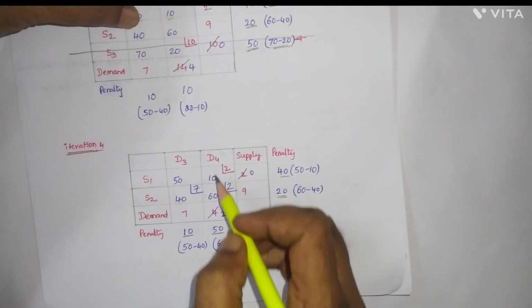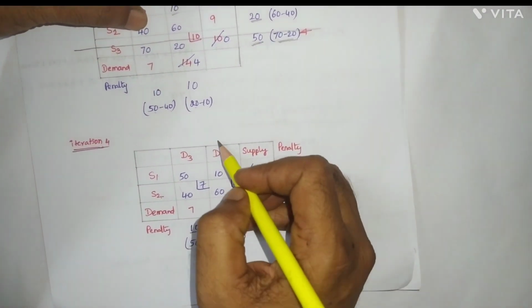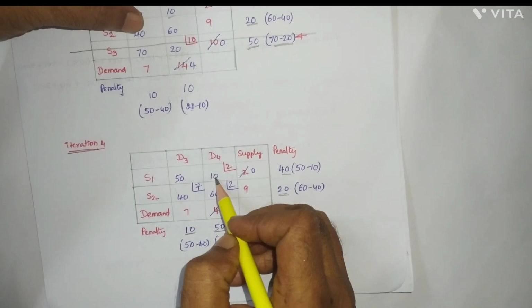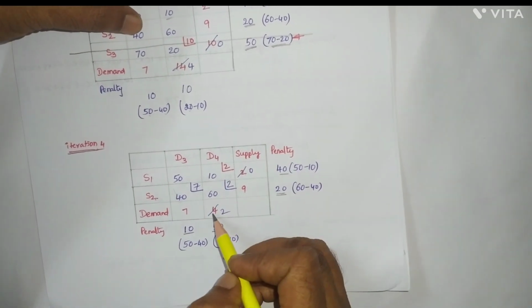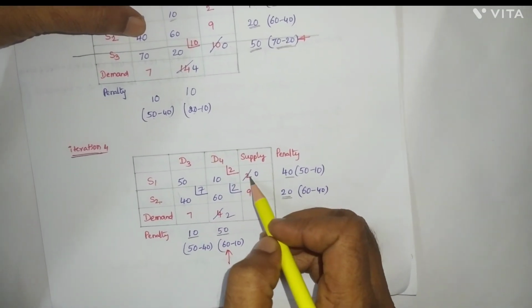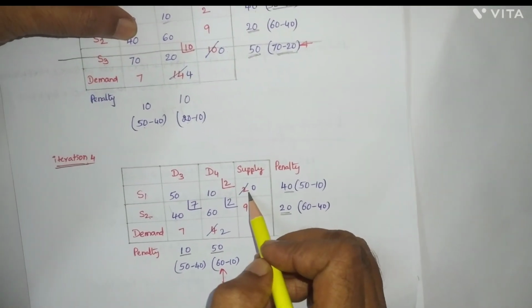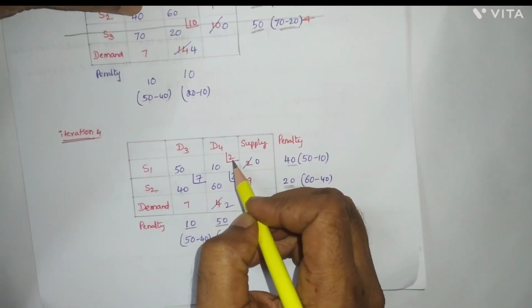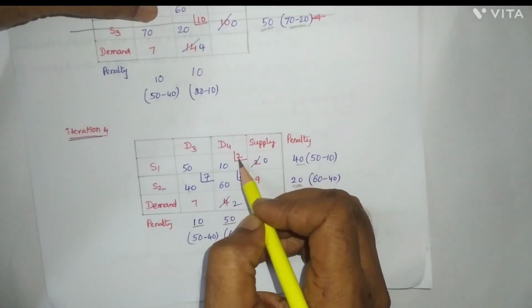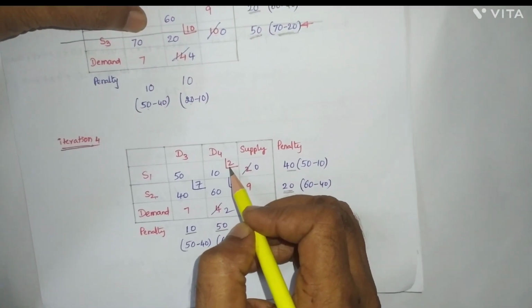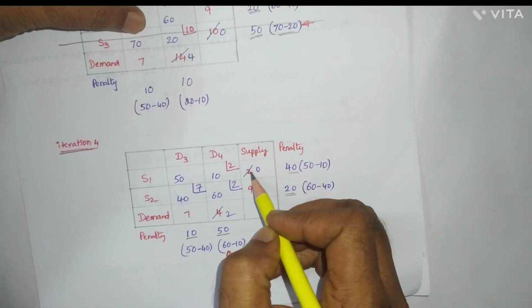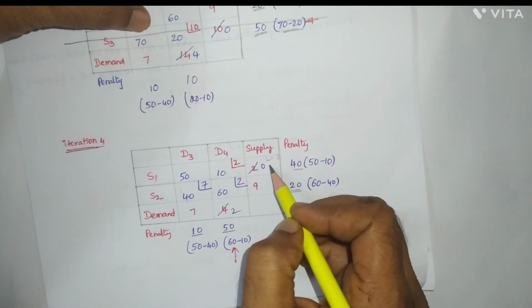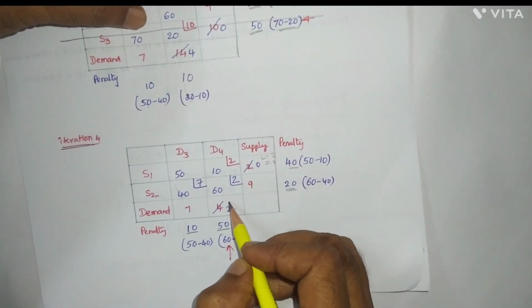Consider the least cost cell in this column. 10 is the least cost cell. Here demand is 4, supply is only 2 units. So that's why we have to allocate only 2 units to this cell. After allocation of 2 units to this cell, 2 minus 2 equal to 0, 4 minus 2 equal to 2.